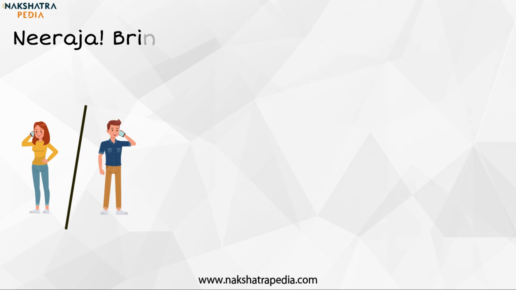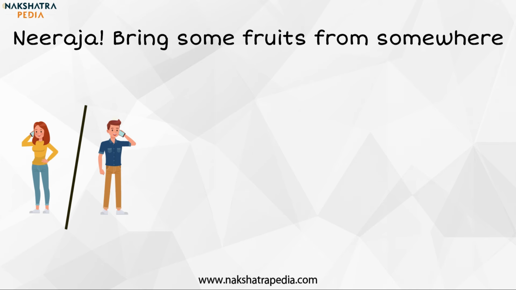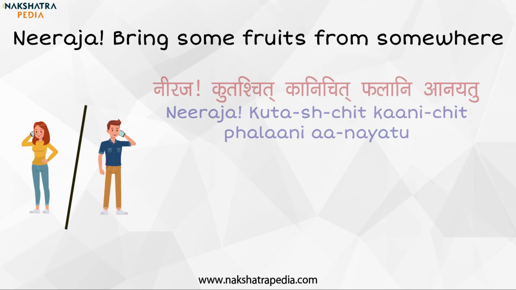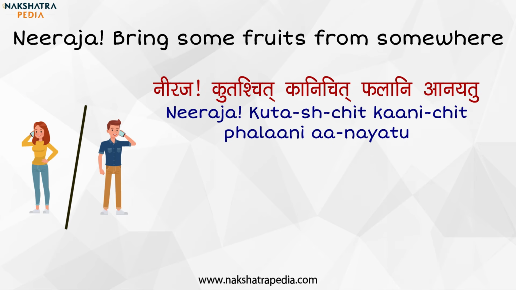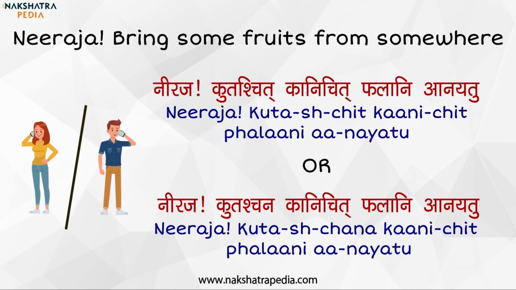For example, there is a sentence that Neeraj brings some fruits from somewhere. Then it will be Neeraj kutaschit kanichit phalani anayatu or Neeraj kutaschana kanichit phalani anayatu. So that's how the uncertainty is expressed with kutaschit or kutaschana.